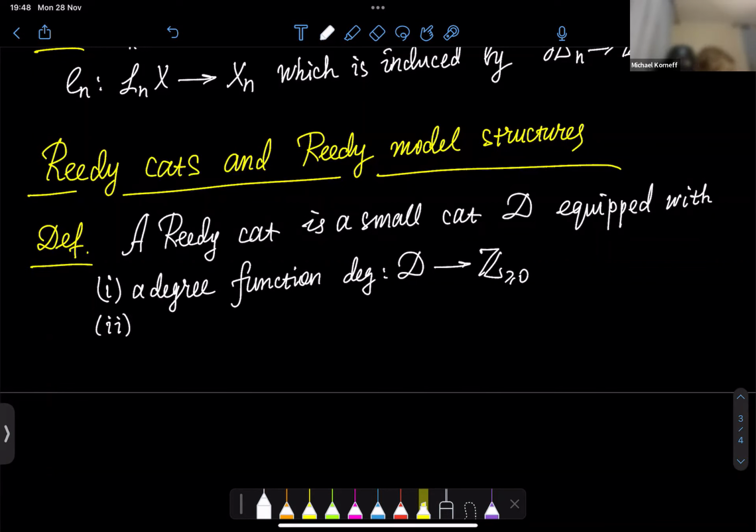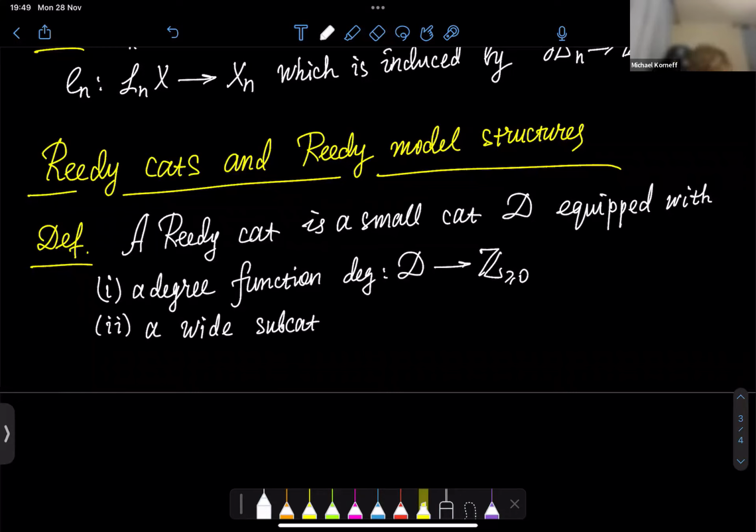Also we have a wide subcategory, which is a subcategory consisting of all objects of our category.